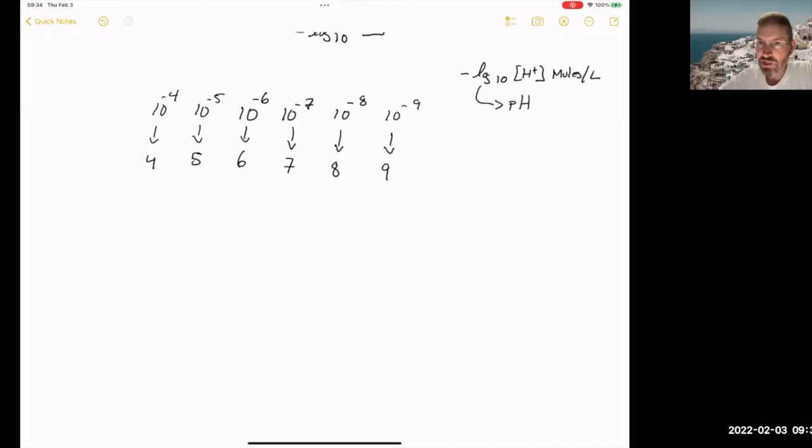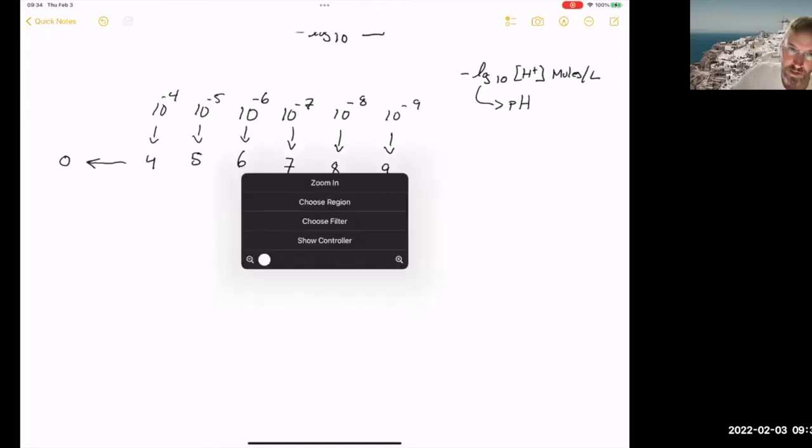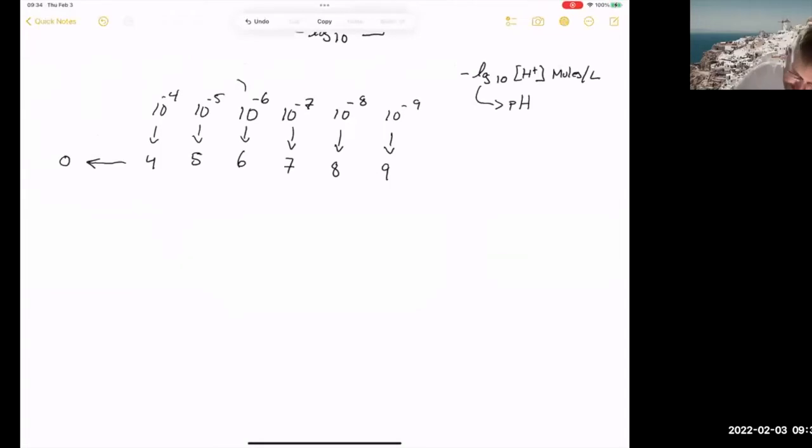And so this is the pH scale. And the closer I get to 0, the more concentrated the hydrogen ion concentration is, right? Because 10 to the minus 4 is a larger number than 10 to the minus 7. In fact, every step on this scale is an order of magnitude or a multiple of 10.